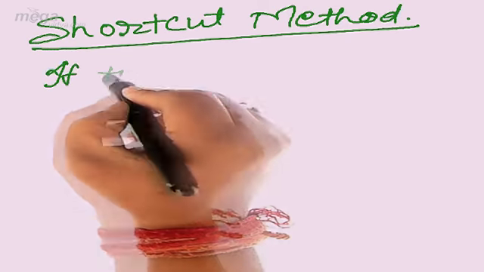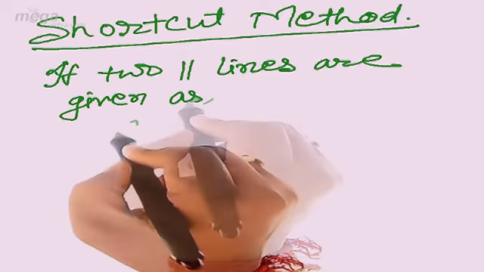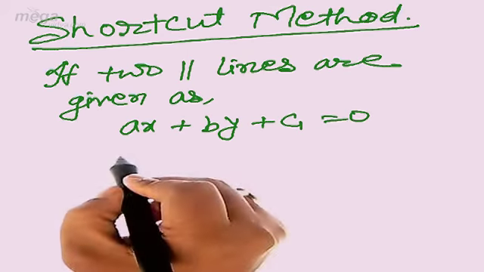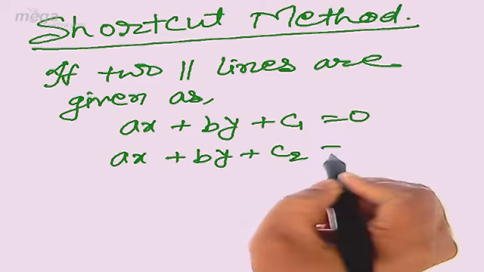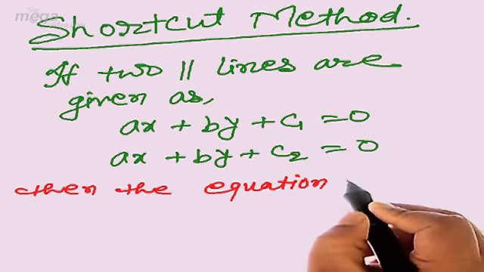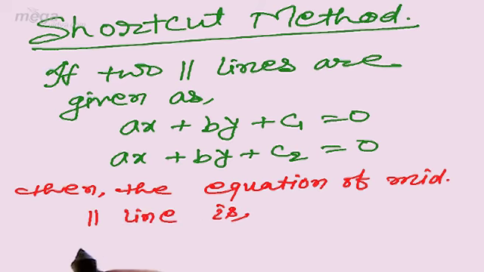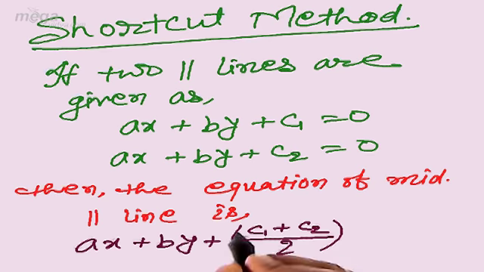Like if two parallel lines are given as ax plus by plus c1 equal to 0 and ax plus by plus c2 equal to 0, then the equation of the mid parallel line is ax plus by plus (c1 plus c2) by 2 equal to 0.